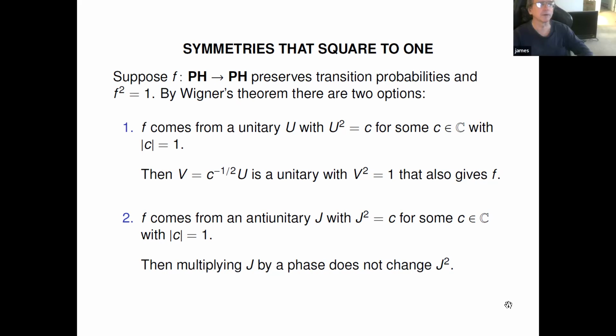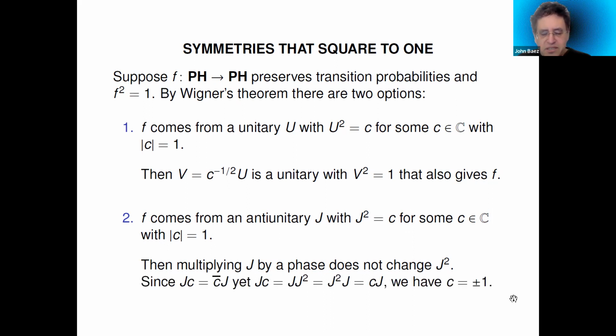So there's this extra invariant, so to speak, this phase of j that's equal to j squared. But then there's something else. We know that j is anti-unitary, so when you pass this phase, which I'm calling c, through it, it gets conjugated.